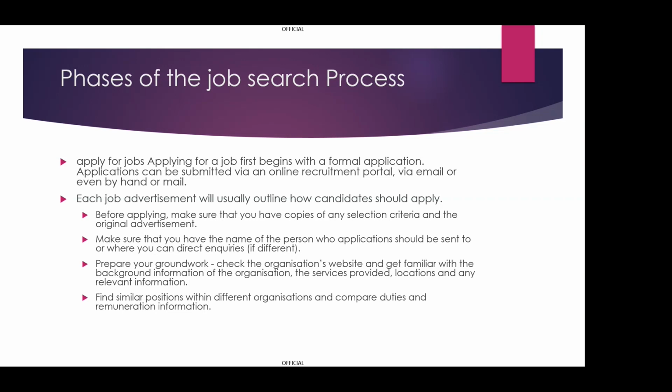This is really important, and I cannot stress it enough: when you're applying for jobs, follow the instructions. Make sure you meet the selection criteria and that you tell them how you meet the selection criteria. Prepare your groundwork, look at the organization's website, and write into your cover letter how you fit into the organization based on the research you've done.